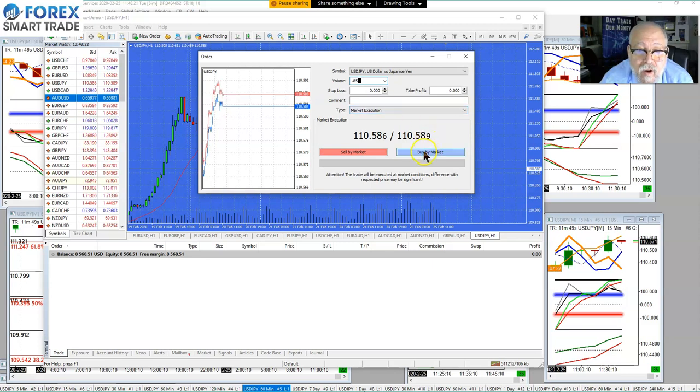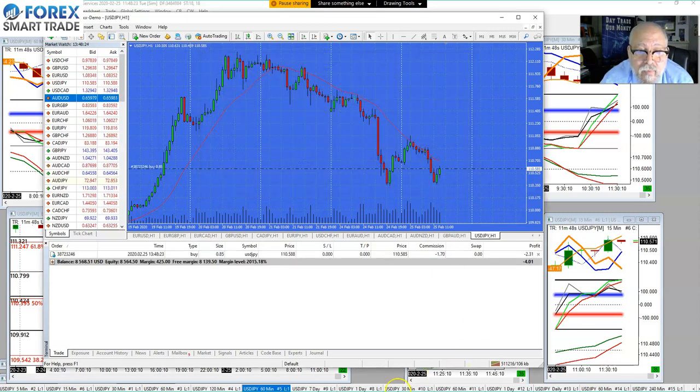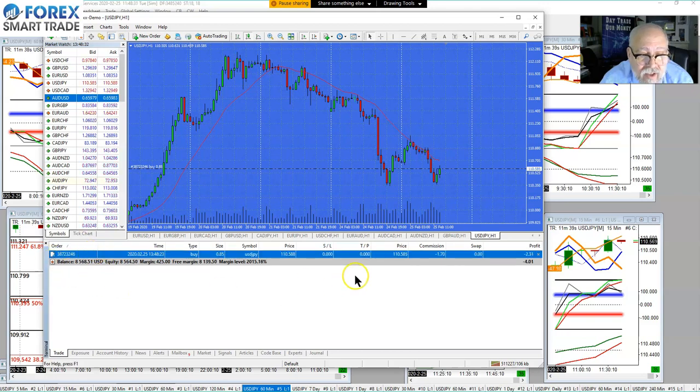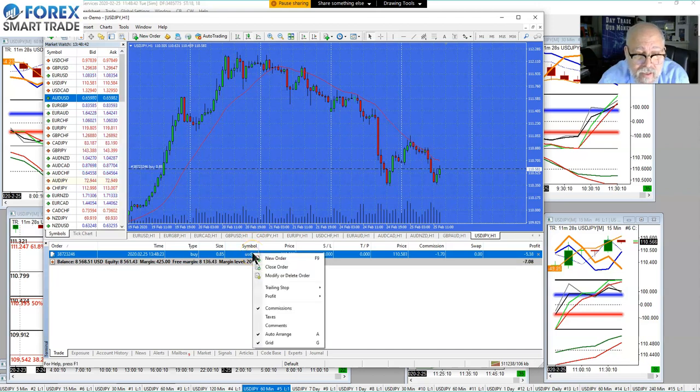And this is going to be a market buy. I do my trade in 2 pieces. Piece 1 is to do the buy or sell. Once I've executed the buy or sell, I highlight the open trade in the area down below the chart. I get it highlighted in blue. I right click.